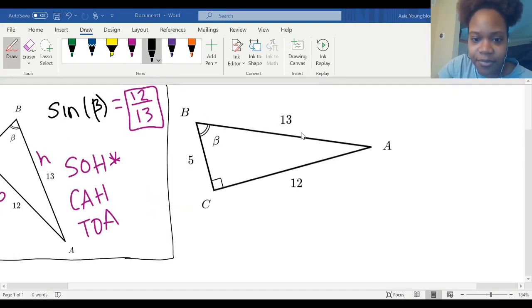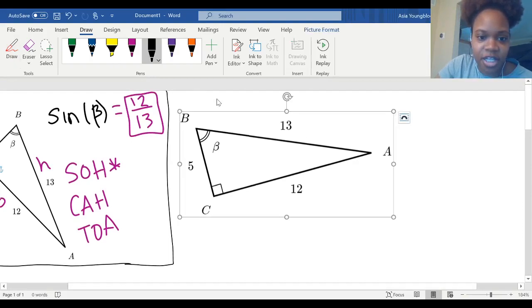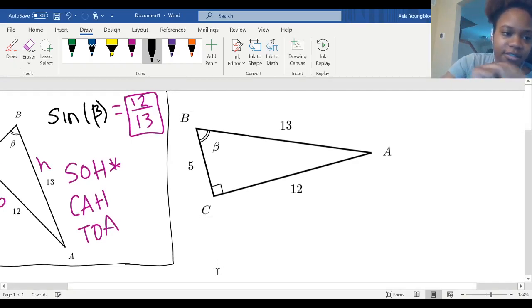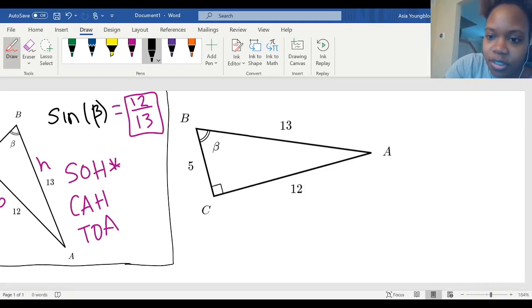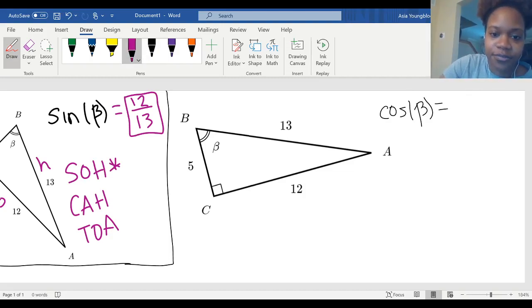In this next problem, they ask us to find the cosine of beta. So we're looking for the cosine of our focus angle beta. So again, we want to label our triangle. The 13 is our hypotenuse because it's across from the right angle. The 12 is our opposite because it's across from the focus angle or reference angle.